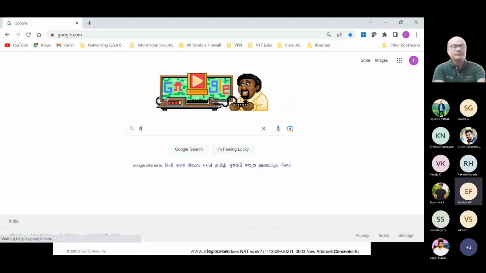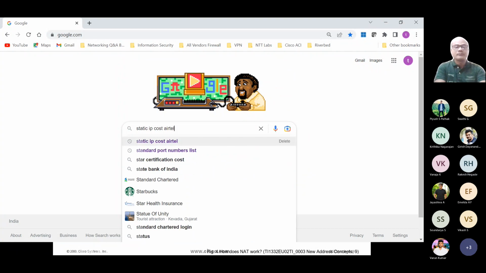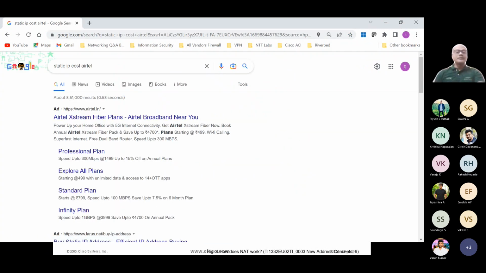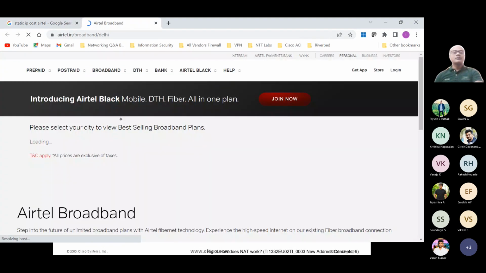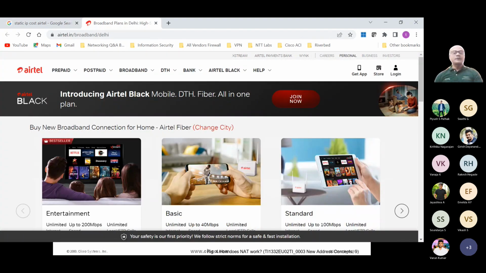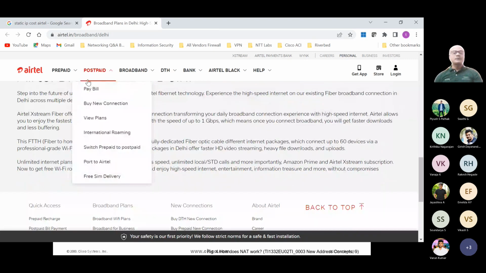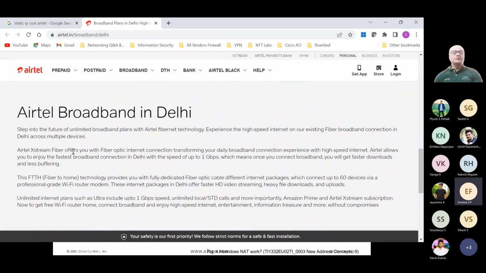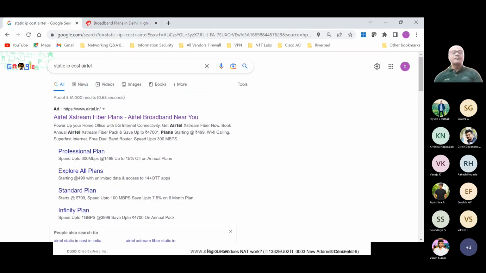Any idea? No idea. And why is a static IP address used? We check here, let me show you. To have a single, dedicated IP.